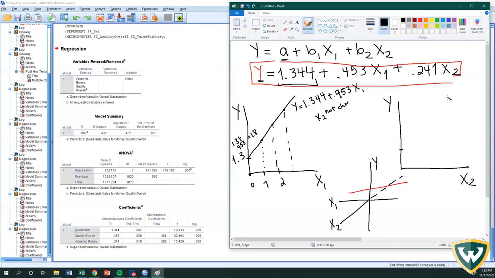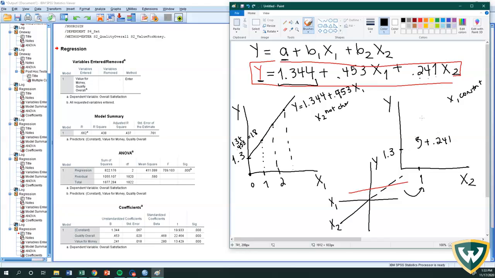And for the second one, let's assume that x1 is constant and draw the relationship between x2 and y. So your y equals again 1.3 if both of your x's are 0. Let's say that x2 is equal to 1 now. Your y will go up 0.241 units, right? For every unit of an increase in x2, your y increase is going to be 0.241.